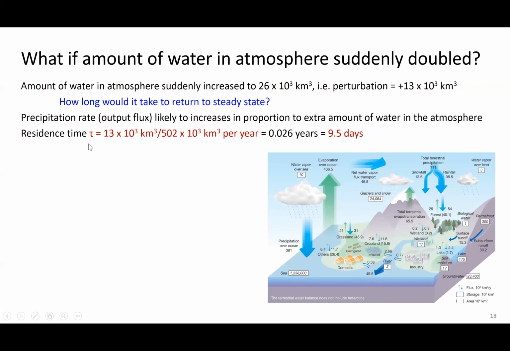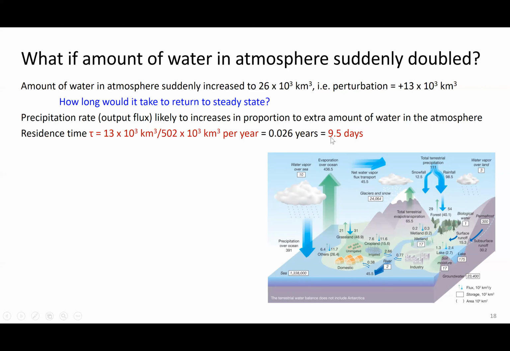So the residence time for this excess amount of water in the atmosphere: the excess amount is 13,000 cubic kilometres, and we know that for that amount of water under normal conditions, the output flux from the atmosphere would be 502,000 cubic kilometres per year. And so if we work out the residence time, we end up with 0.026 years, which equals 9.5 days.